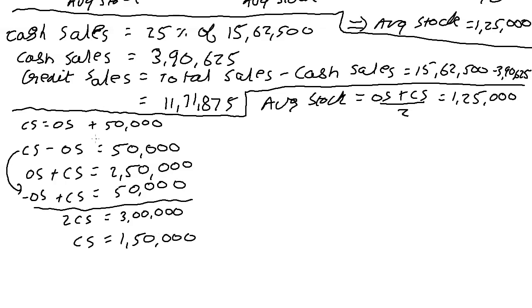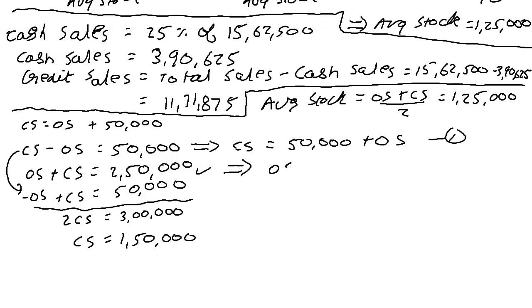If you're not happy with doing this, simply write this one as closing stock is equal to 50,000 plus opening stock, which is I think what we started with. And now we can substitute this equation over here. So opening stock plus 50,000 plus opening stock is equal to 2,50,000.